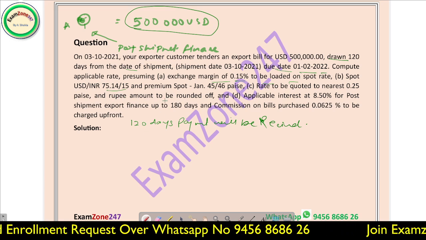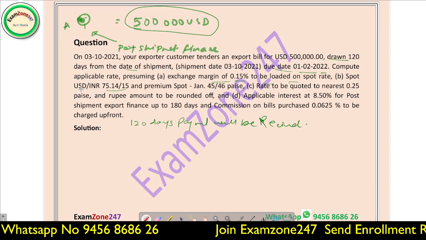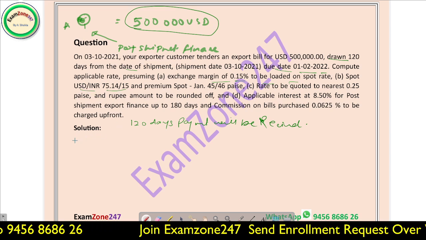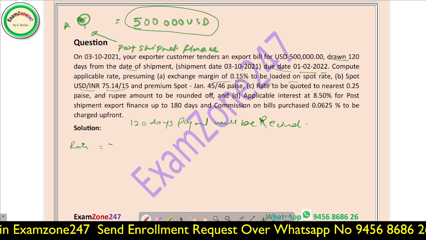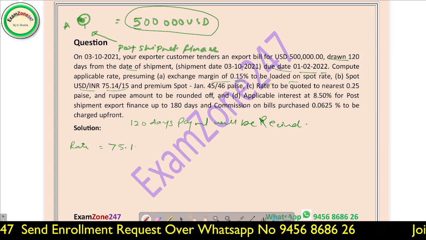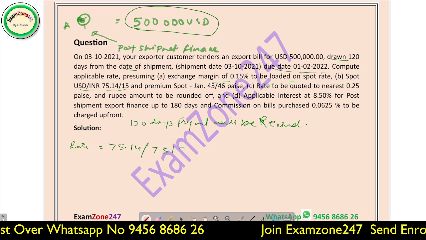Now the spot USD INR rate is 75.14 and 75.15.